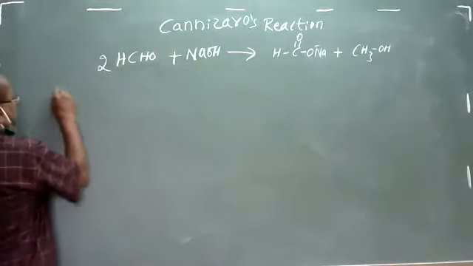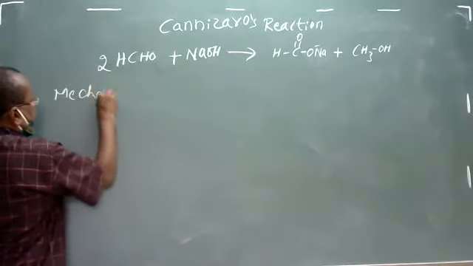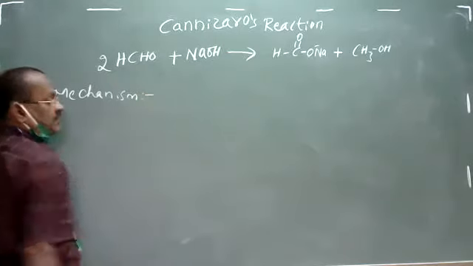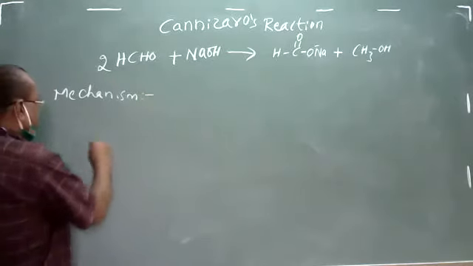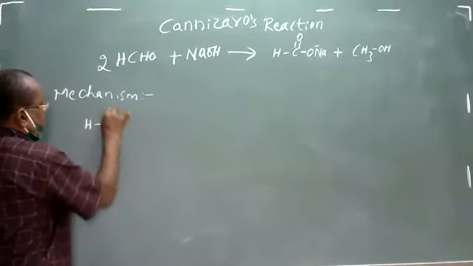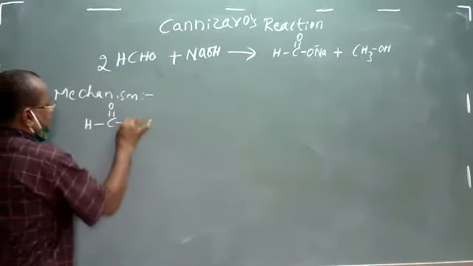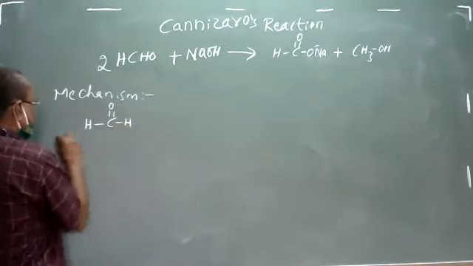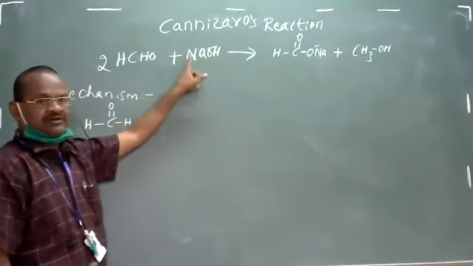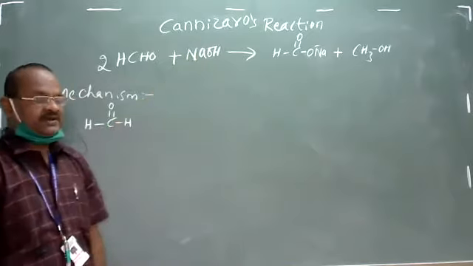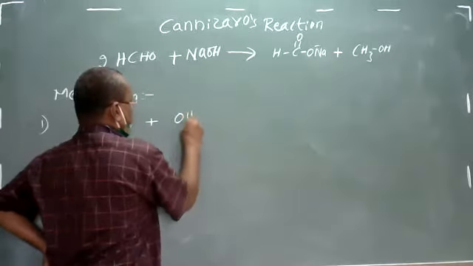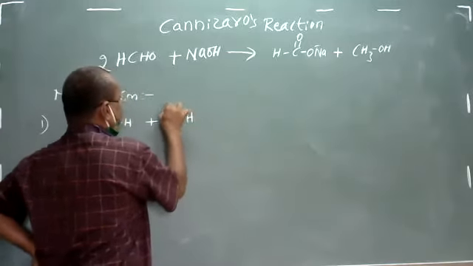Coming to the mechanism part of this. In the mechanism, the first molecule we use, I'll write this aldehyde CHO in this fashion. NaOH splits up into Na plus and OH minus, I'll skip that particular step and just write OH, which comes from NaOH.